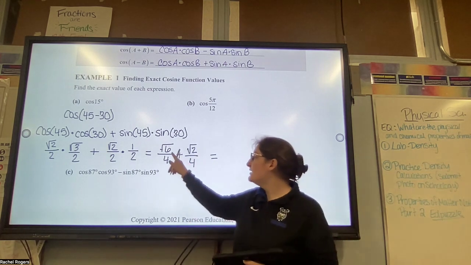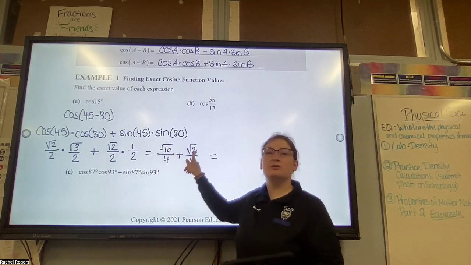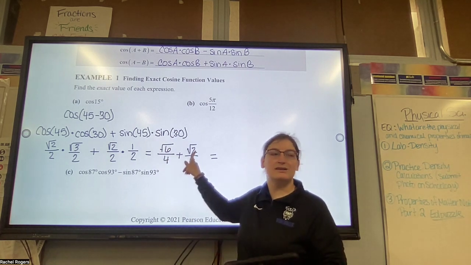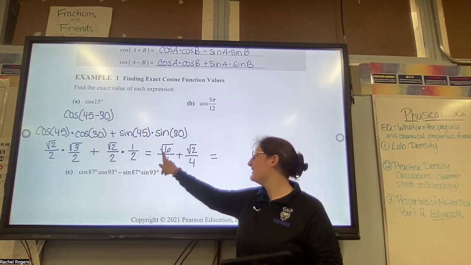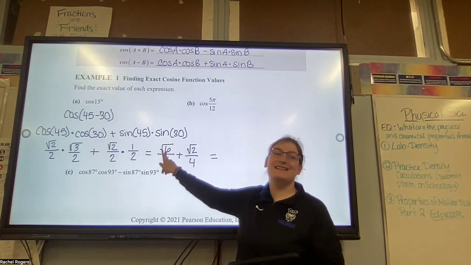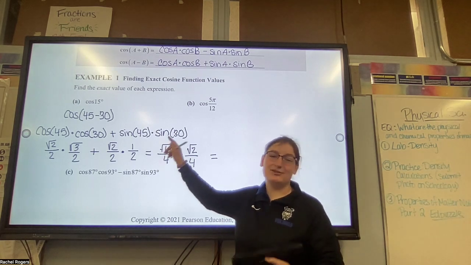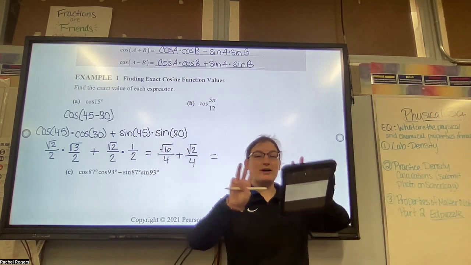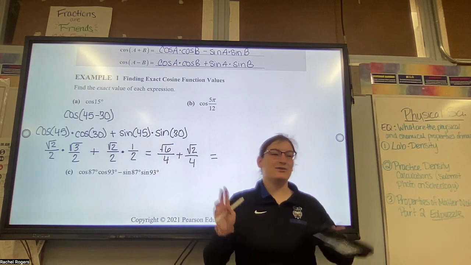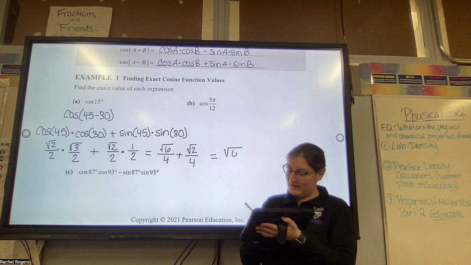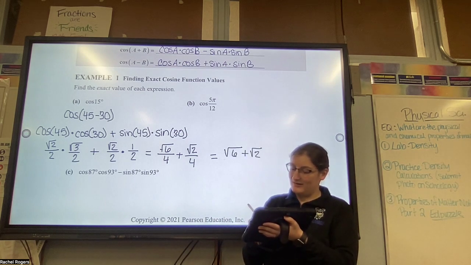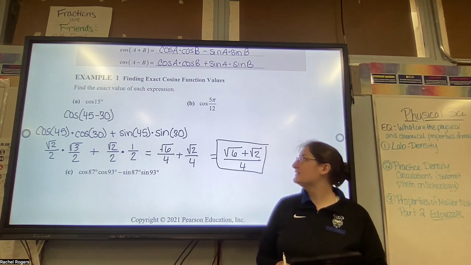Can we actually add 6 plus 2 and say that's the square root of 8? If this was 18, it would be. But 6 is just 3 times 2. There are no buddies, right? There are no identical twins. So you can't simplify either of these. But we can combine them because they have the same denominator. We can rewrite it like that.